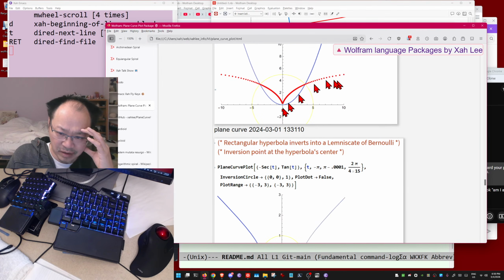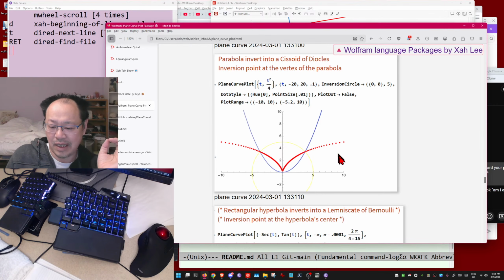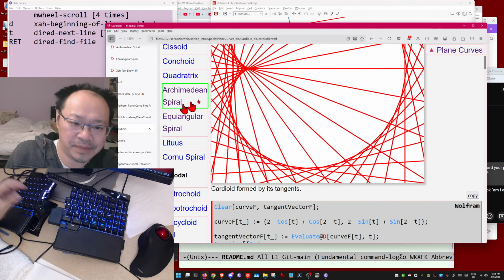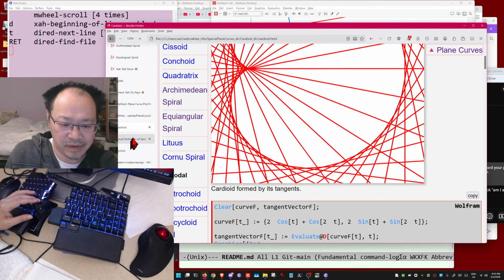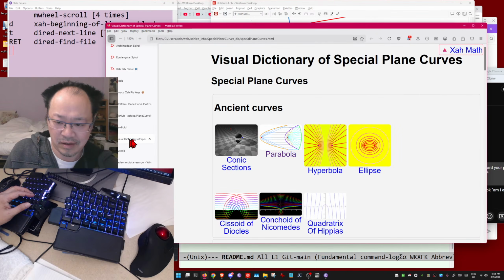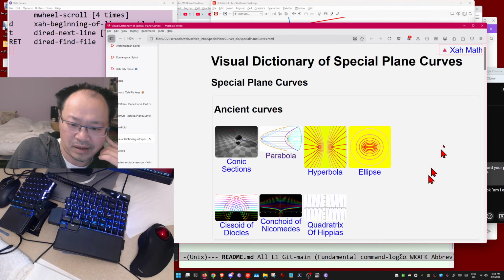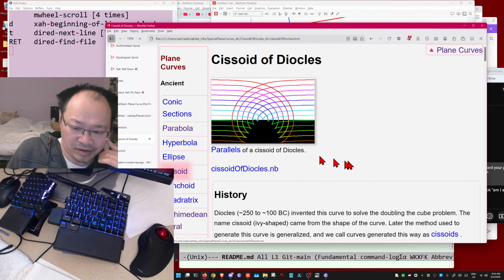So the cissoid of Diocles, what is the property of the cissoid? It is this one, this curve. I think it's a cubic curve. What's the property? I forgot. But you can look up. Let's see, plane curves, cissoid.